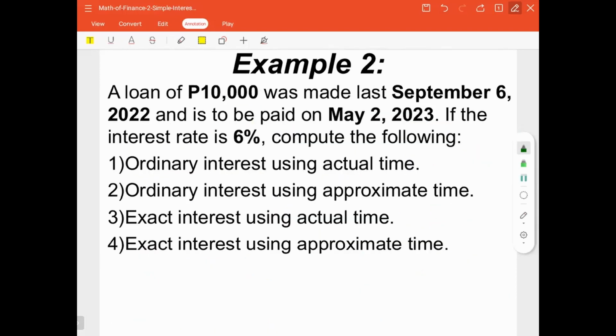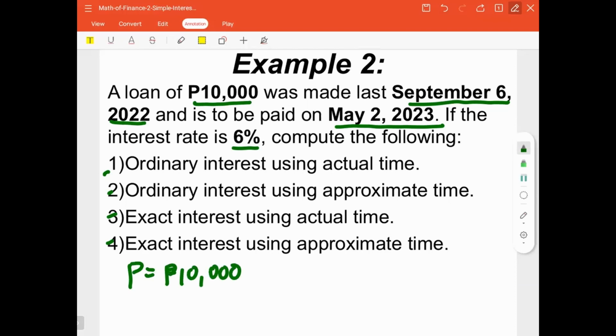Now, let's have a second example. Suppose there's a loan of 10,000 pesos, which was made last September 6, 2022, and is to be paid on May 2, 2023. If the interest rate is 6%, we'll be computing this for the four types of simple interest. P here is the principal, which is 10,000 pesos.